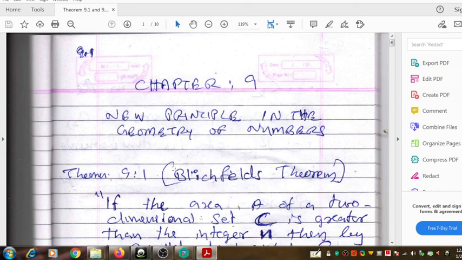In this chapter we can see Theorem 9.1. It's very famous as Blichfeldt's theorem, and Theorem 9.3 will also be discussed here.